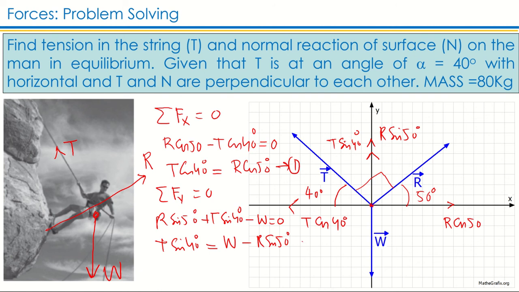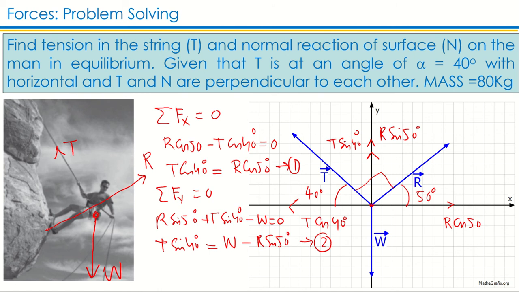So now you need to solve simultaneously these two equations. First divide them with each other, T will be cancelled and you will be able to get the value of R, and then use the value of R in either of equations 1 and 2, you will get the value of T. Okay, this you need to complete.